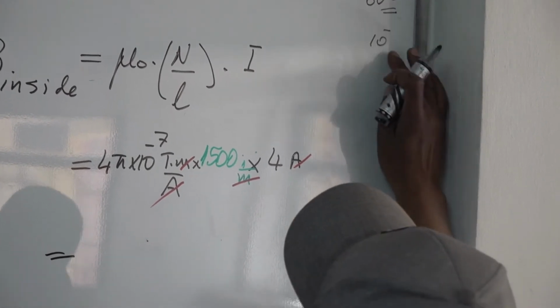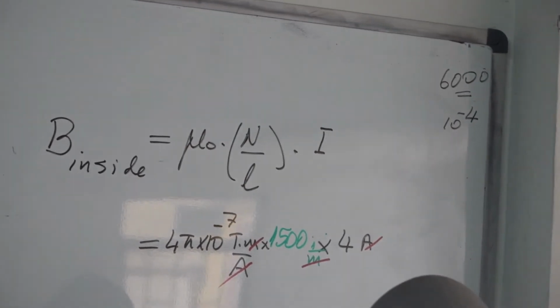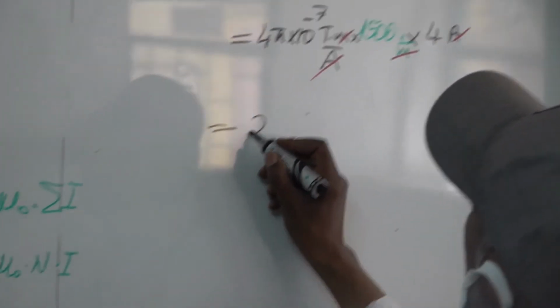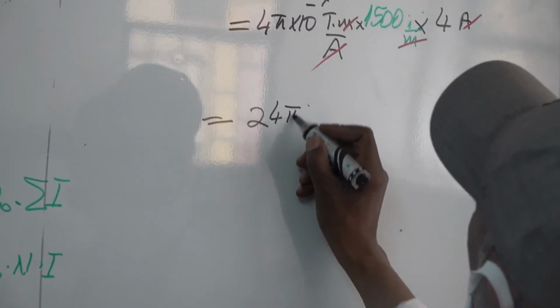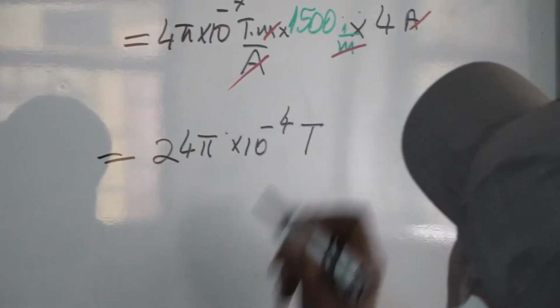You don't get minus 5. You have to be careful to get minus 4. So I have 6 times 4 pi. That gives you 24 pi, and then times 10 to the power of minus 4 Tesla.